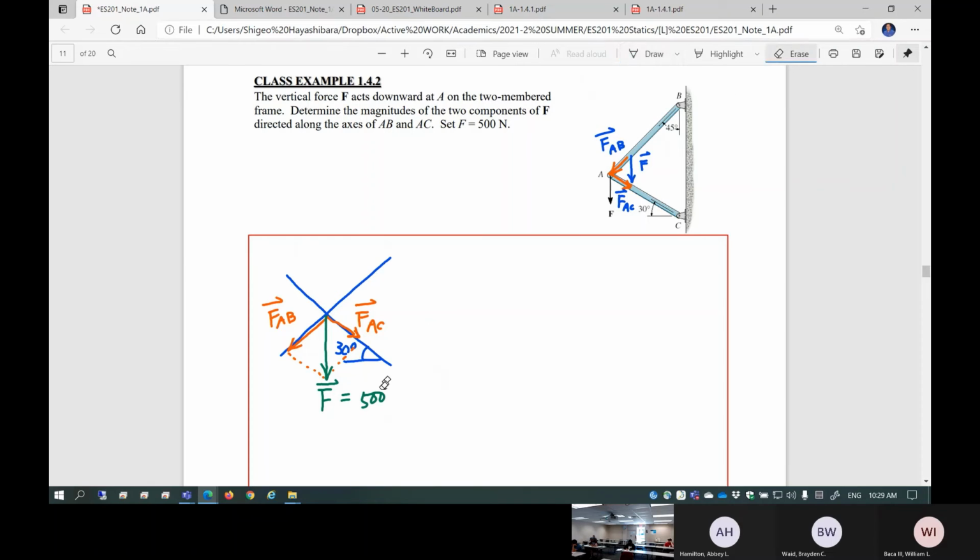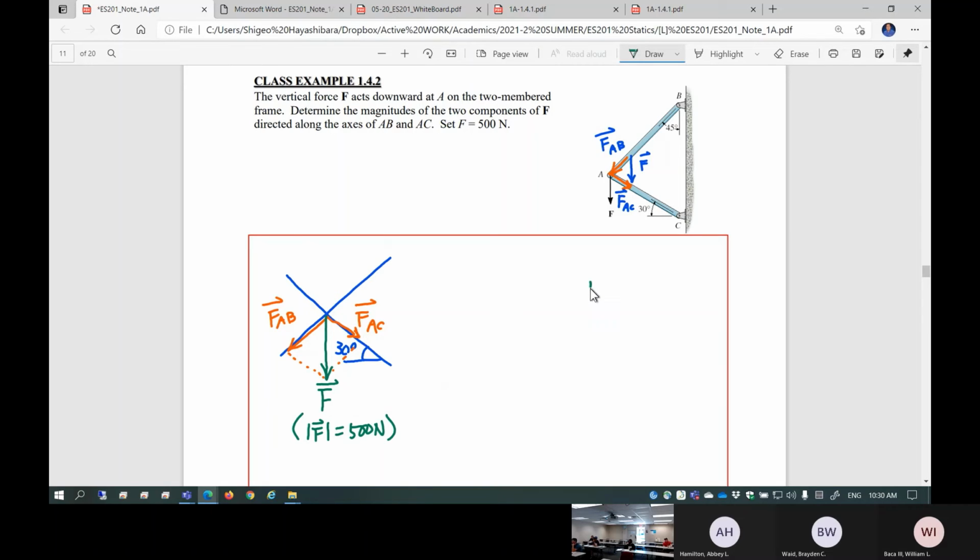Magnitude is 500 Newton. So if you take a look at the magnitude, this is 500 Newton. Here we go. So this is the situation. So the question is, what is the magnitude of FAB and FAC? What is the best method to determine such a thing?